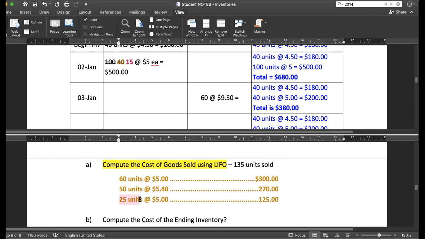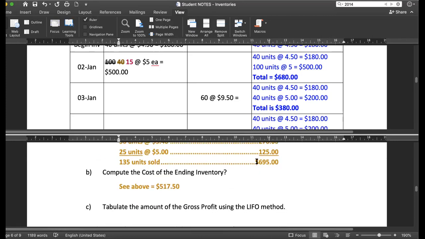All right, we have 60 plus 110 plus 25, and that's 135 units sold. And the total selling price will be 300 plus 270, that's 570 plus 125, 695.